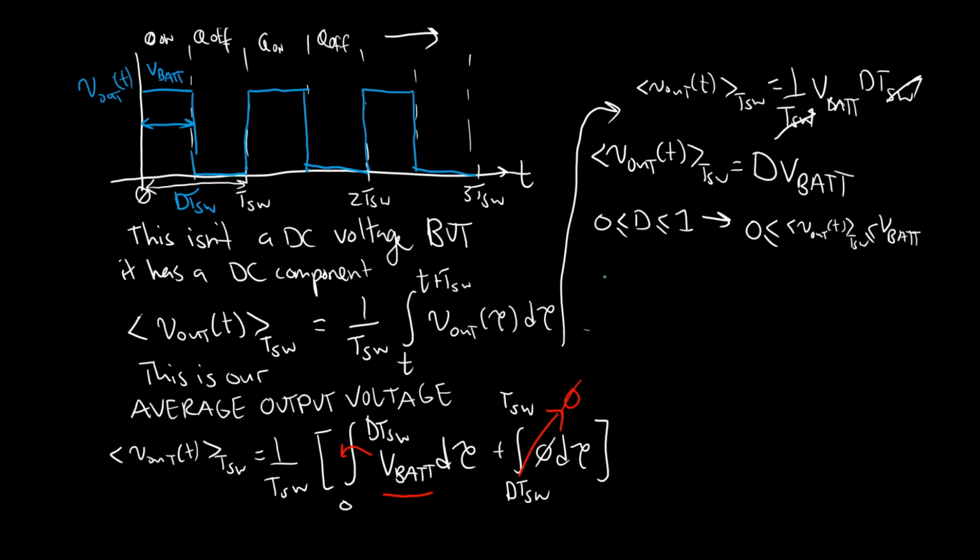So by controlling D, let's just highlight this, by controlling the pulse width, we can control the average output voltage.